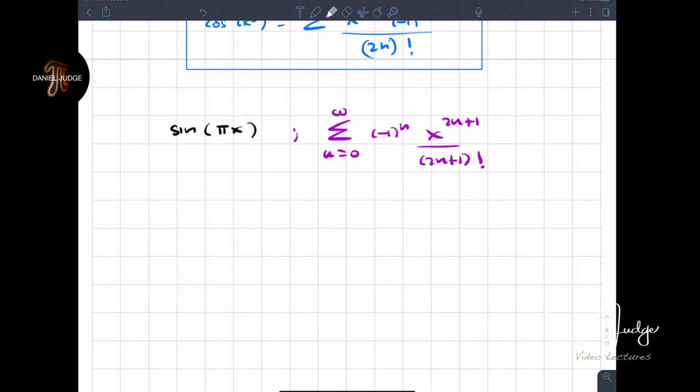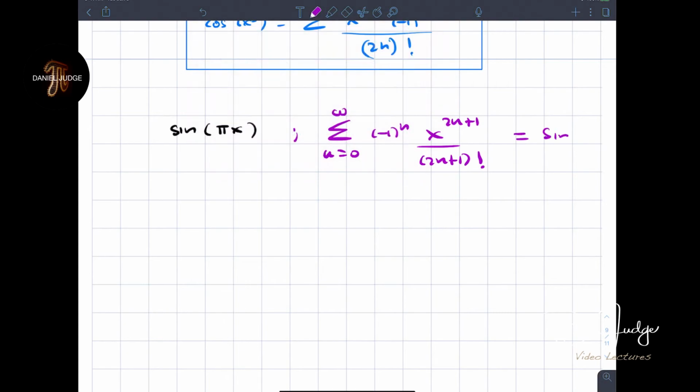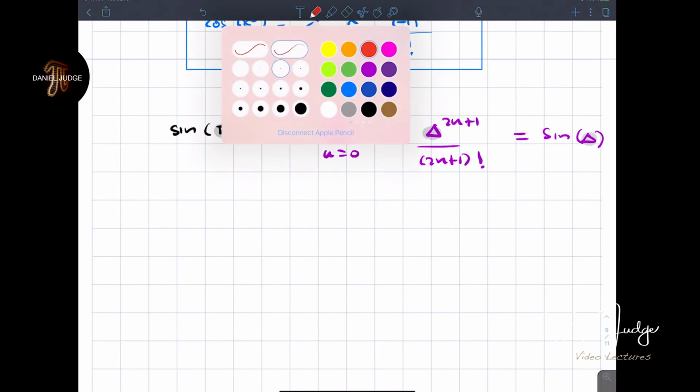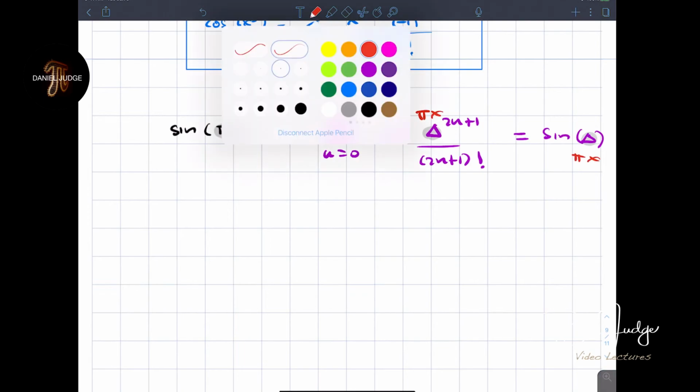And I'm going to write it this way here. So this is the sine of, change this to a triangle if you guys like that. So we just have to fill in the argument with pi x.